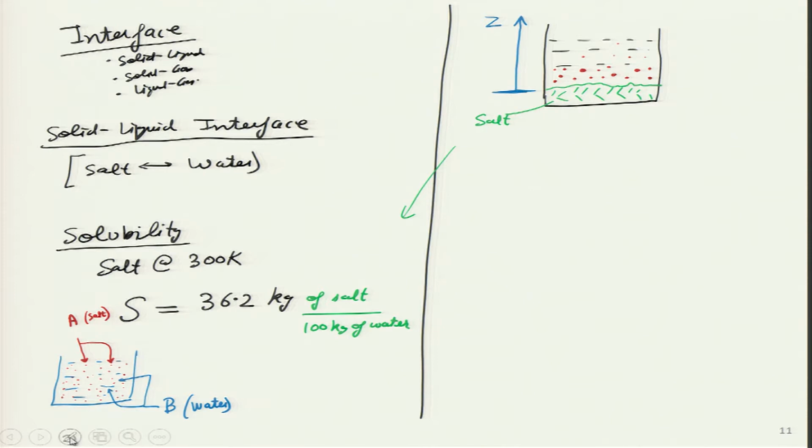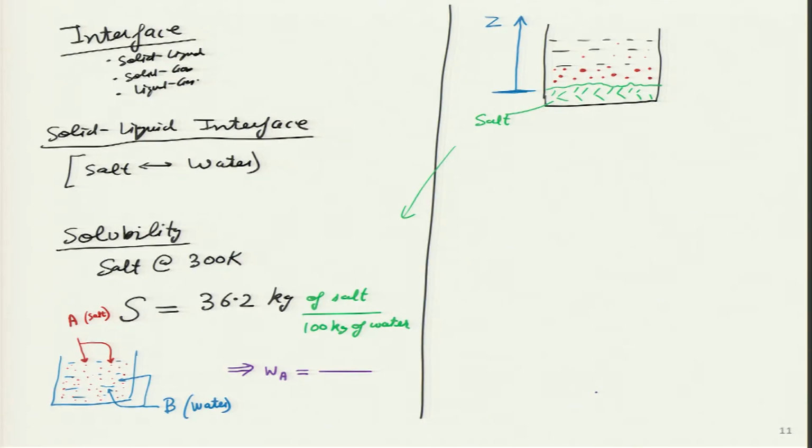Now, because this is something I have done in the last class, let me check how much the students remember. What is the value of WA? Please recall what the symbol W was for. It was for mass fraction, and subscript A means I am talking about the first species over here, which is salt.